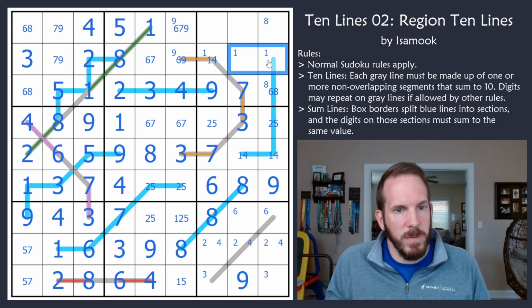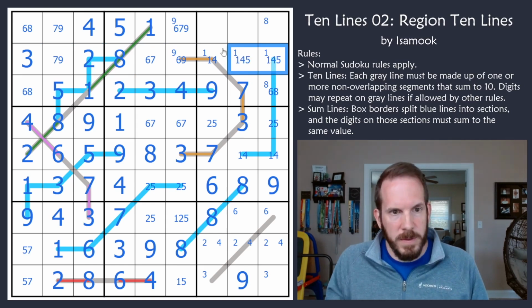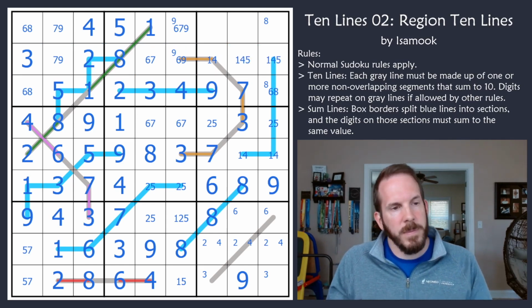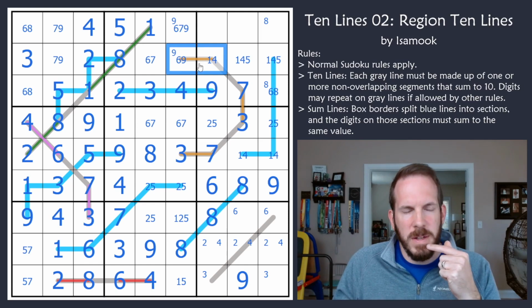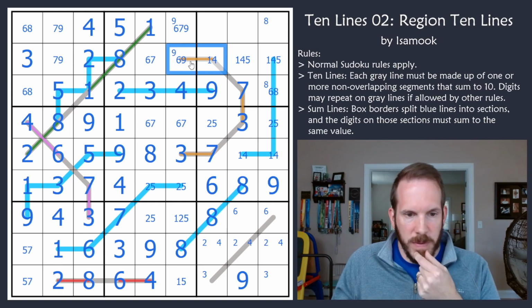This row needs 1, 4, 5. This can either still, I think, be 4, 6, or 1, 9. I think both of those work still.